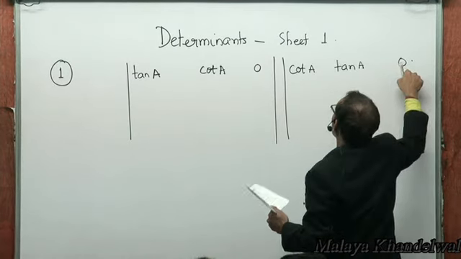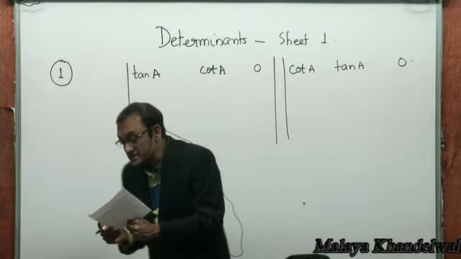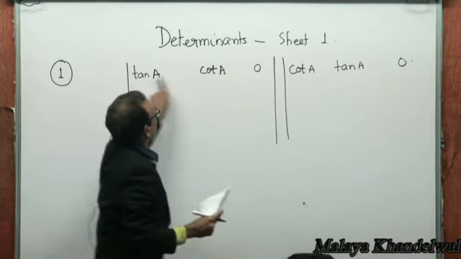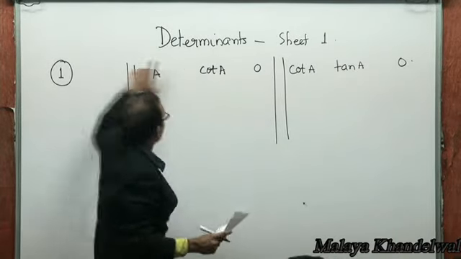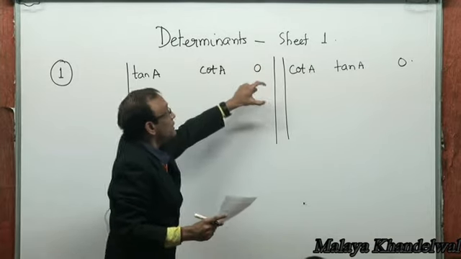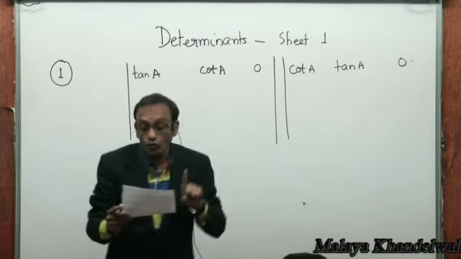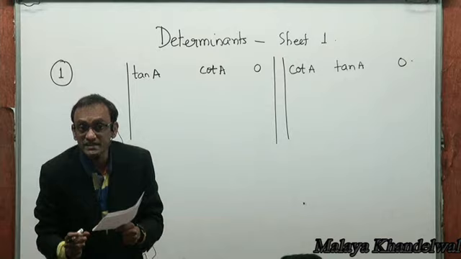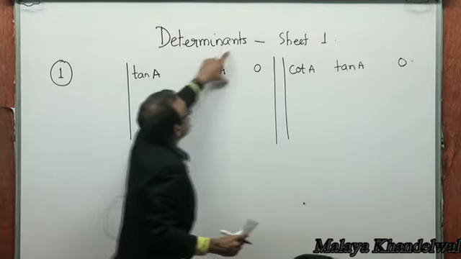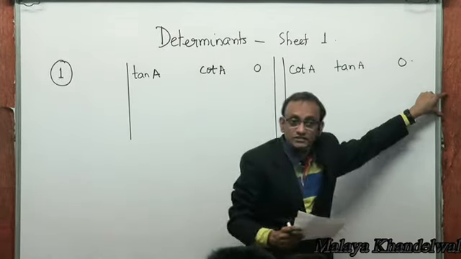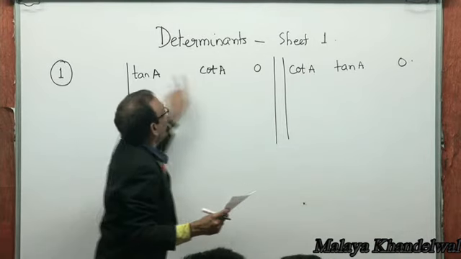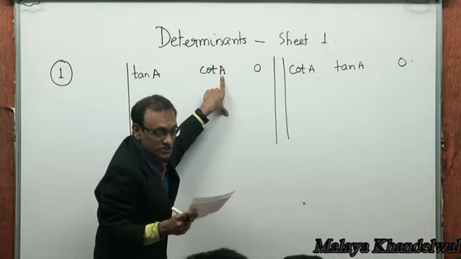Now, look at the second term, which is again revolving around tan A, cot A, and 0. The first row will remain intact. Now it's about the second row. Look at the second term, which involves the first row of this and the second row of this. So tan A and cot A are existent.